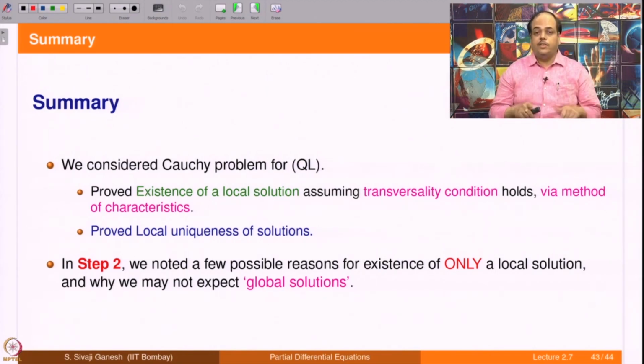Global I already mentioned, there are at least 2 notions of local solutions and hence global solutions. So, in the next lecture we will take up, as promised, what the transversality condition is geometrically and what happens when it fails, what the possibilities are.